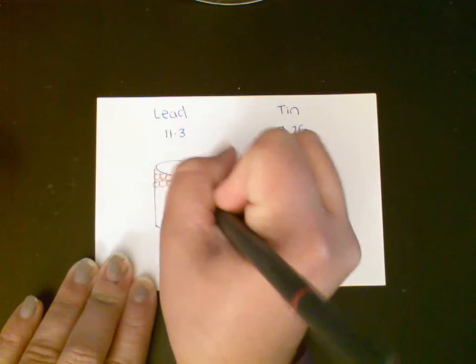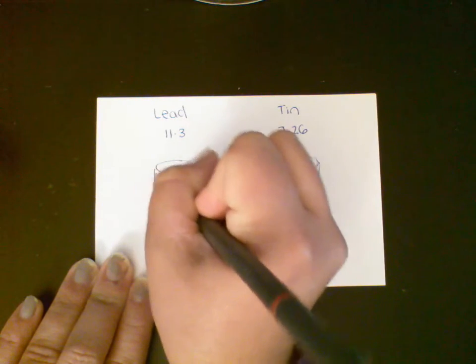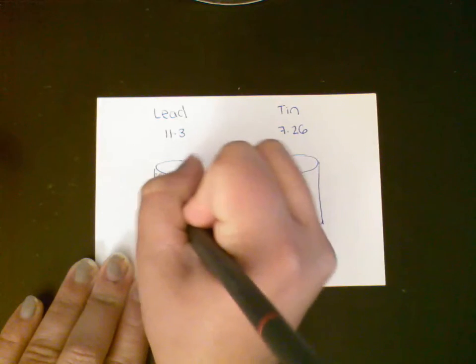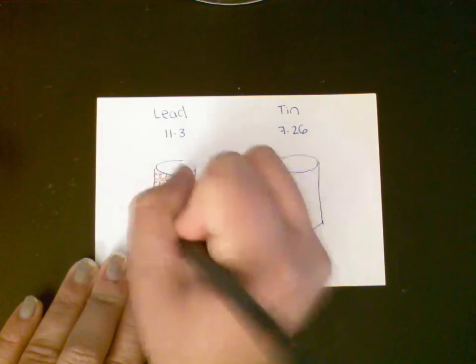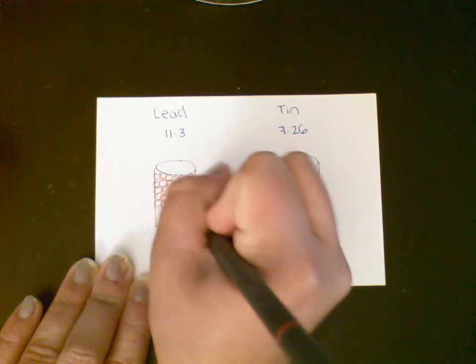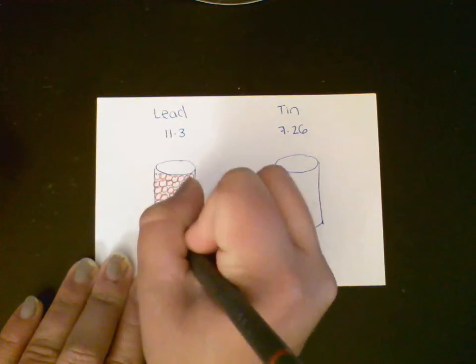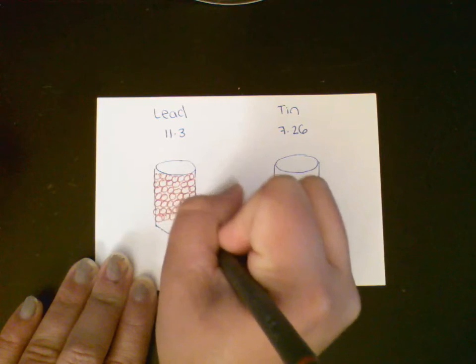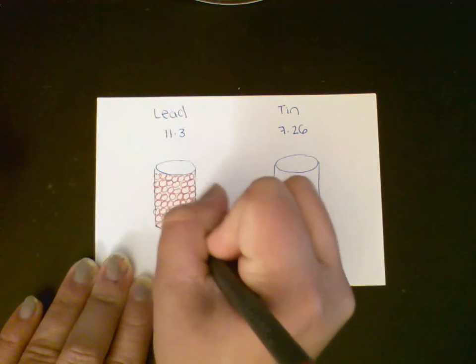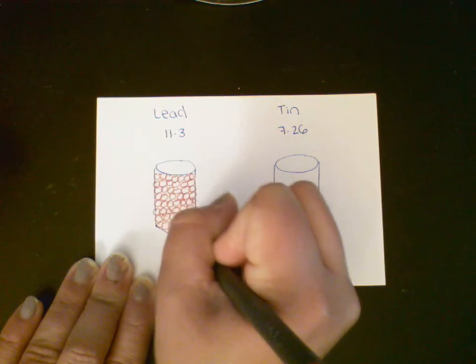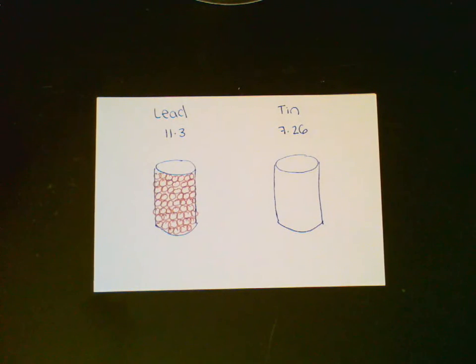Notice in order to make them so close together, I have to make them a little smaller, which tends to be how these work. Okay, and then if I look at tin, lower density, more space in between the molecules.